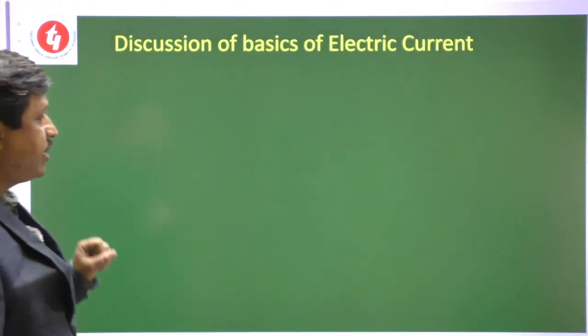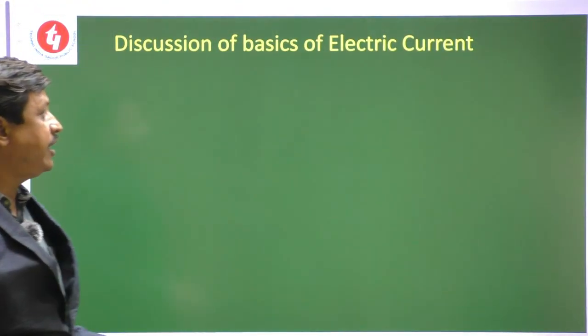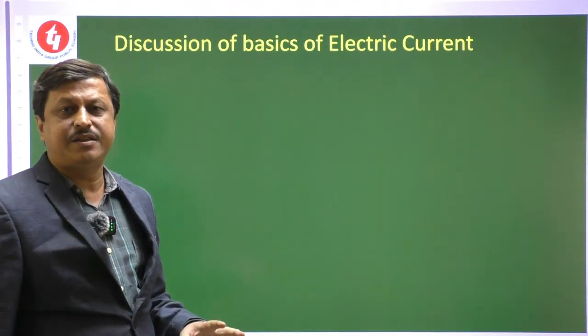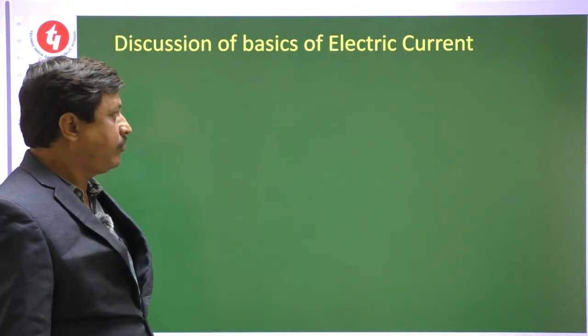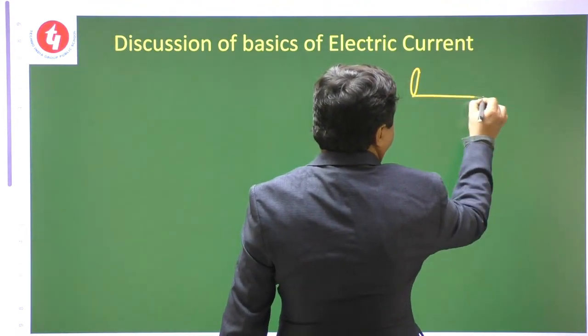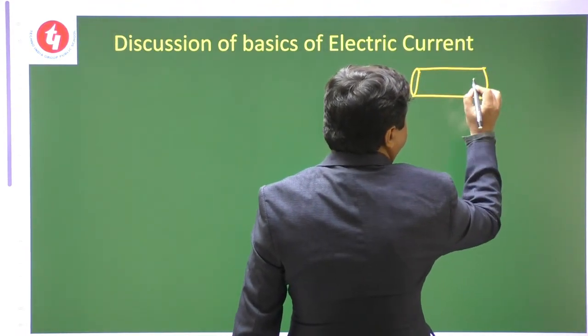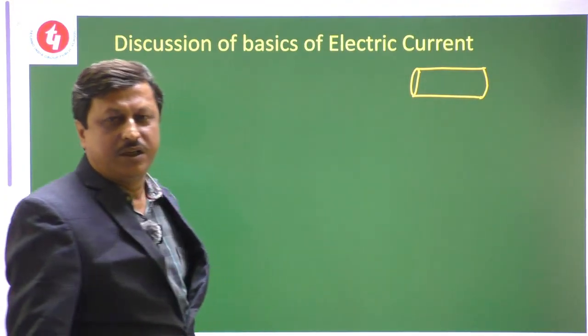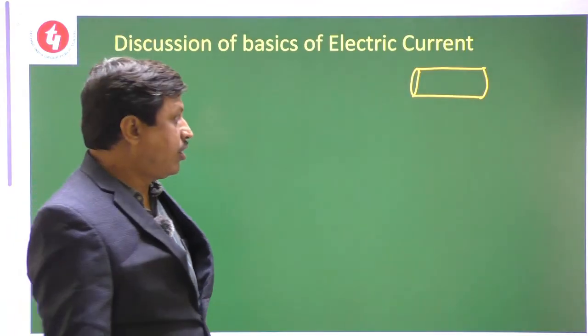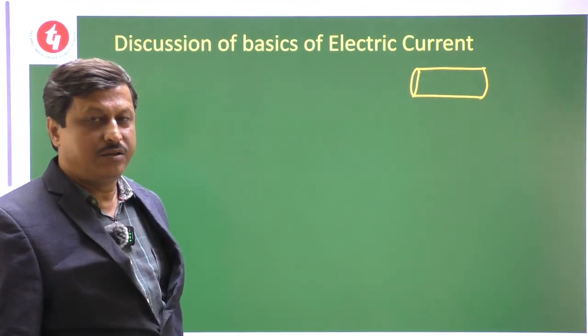Next we will discuss some basic ideas of electric current. Okay, current means the flow of electrons. Say there is a conductor made of iron or copper, like a metal.